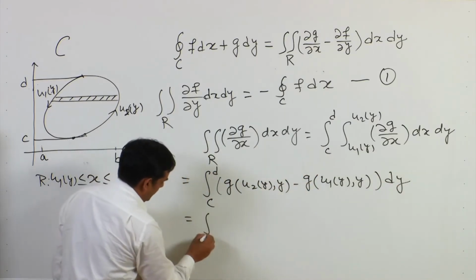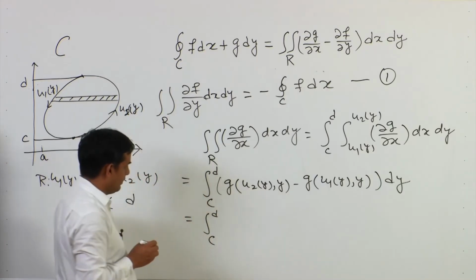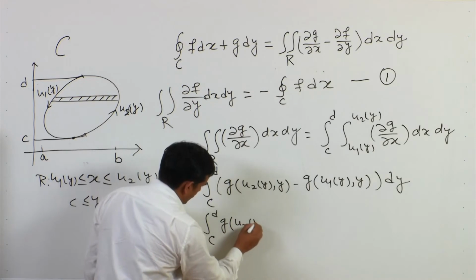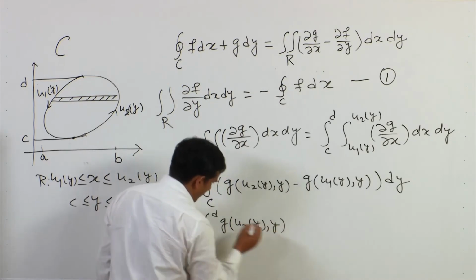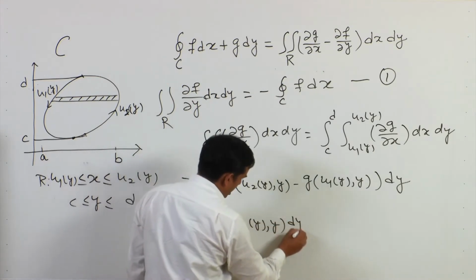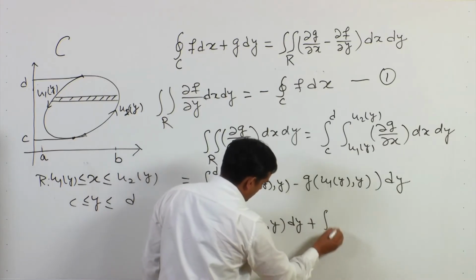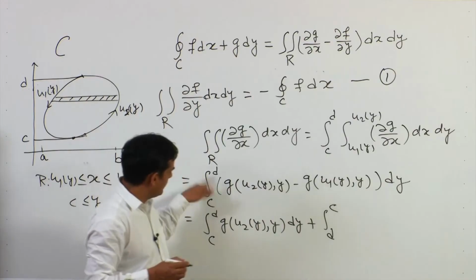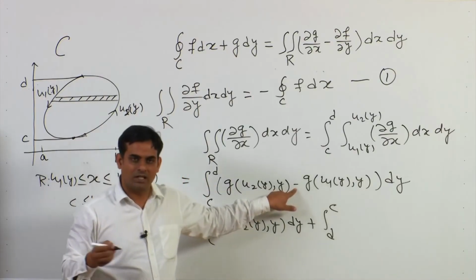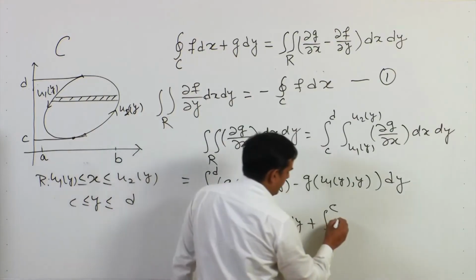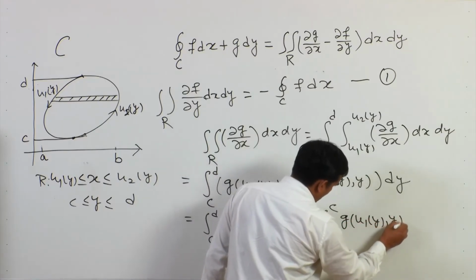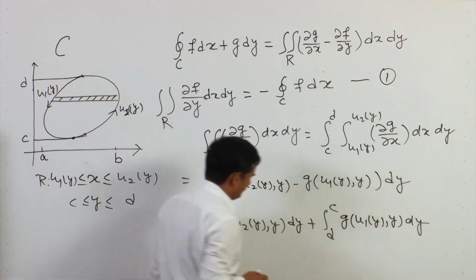This I can write as the integral from c to d of g(u2(y), y) dy plus the integral from d to c, so I have interchanged the limit. So, this minus becomes plus, and then g(u1(y), y) dy.